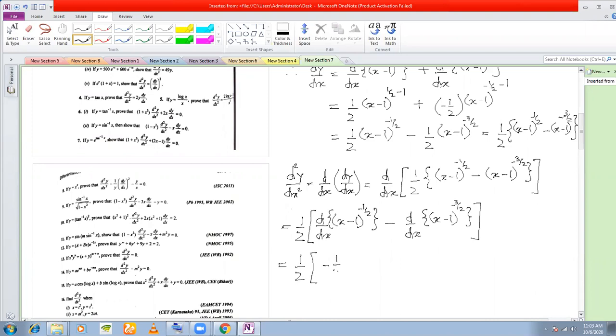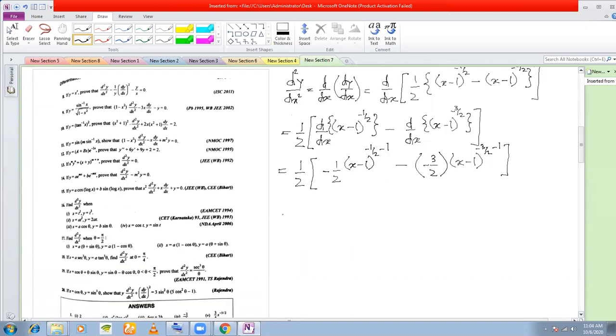Minus half x minus 1 to the power of minus half minus 1, minus minus 3 by 2 x minus 1 to the power of minus 3 by 2 minus 1, which is equal to half of minus half x minus 1 to the power of minus 3 by 2 plus 3 by 2 x minus 1 to the power of minus 5 by 2.